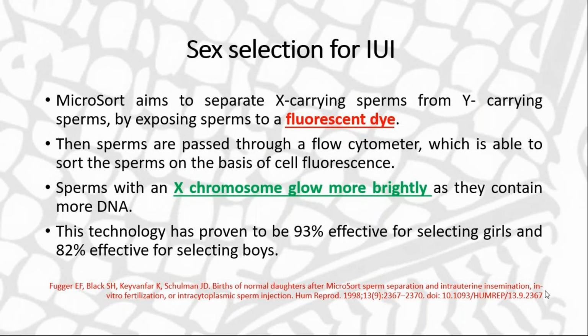This technique has proven to be 93% effective for selecting girls and 82% effective for selecting boys. The idea is to separate the X-bearing sperms from the Y-bearing sperms from the beginning, and then use this treated semen for fertilization.